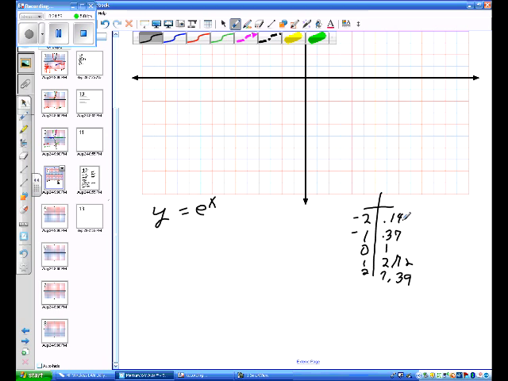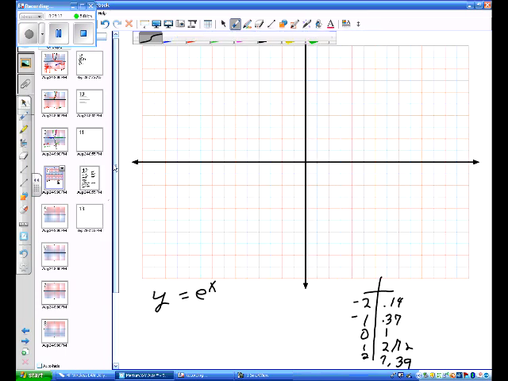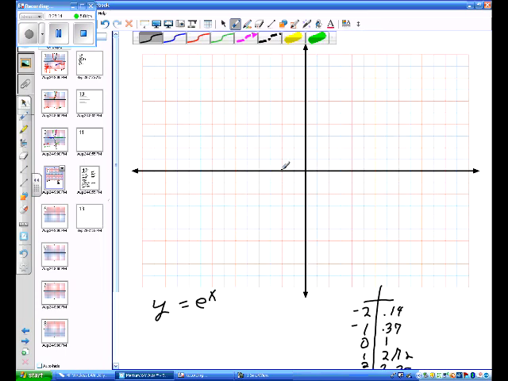Notice, no matter what our exponent is, our final answer is going to be positive because we have a positive base. And if your base is positive, which was one of our stipulations, then your answer will always be positive. So if we graph these points, we have negative 2, 0.14, negative 1, 0.37.